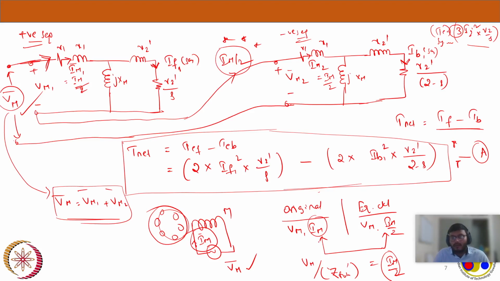That's it, right? I will take Z by 2, so that I multiply the current by 2, and my current would become IM. So that's the idea.